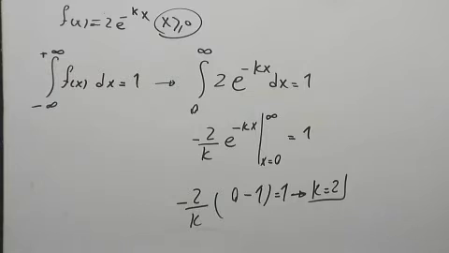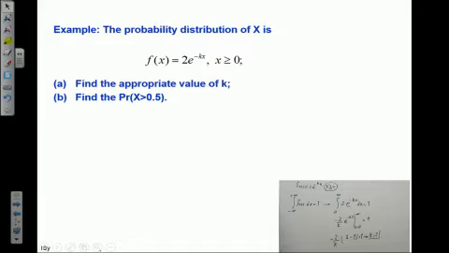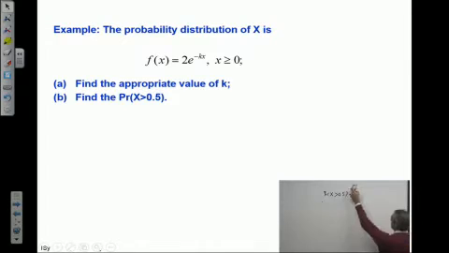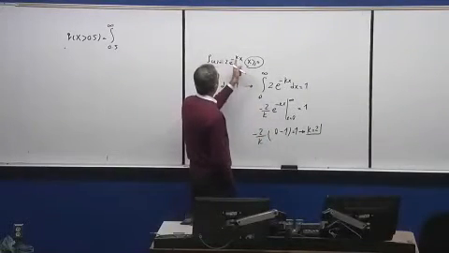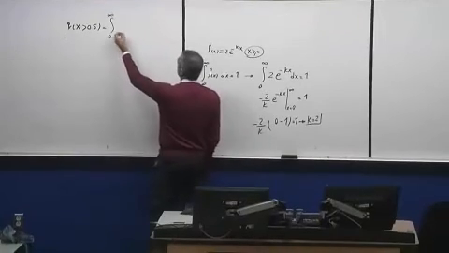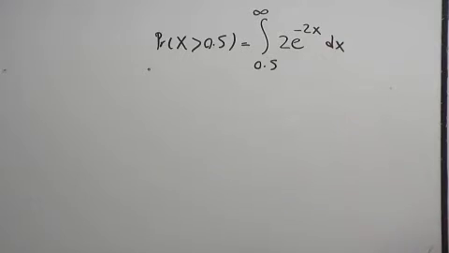Okay. The second part says find the probability of x greater than 0.5. So what we need to do, again, is integrate from 0.5, because it says greater than 0.5, up to infinity of this PDF function, and we replace k with 2, because we already know what k is, dx.